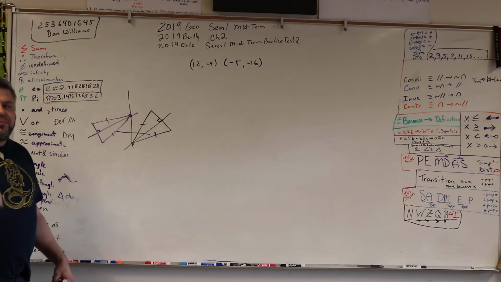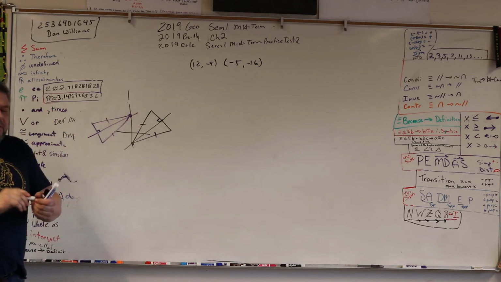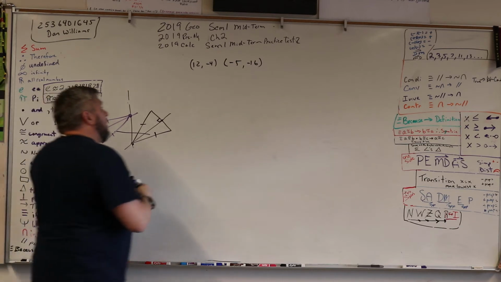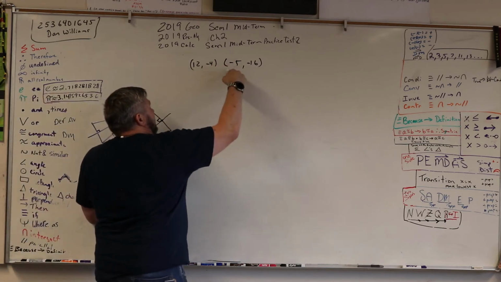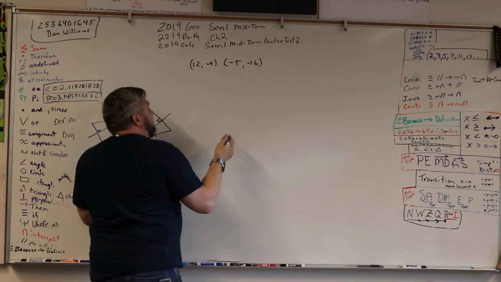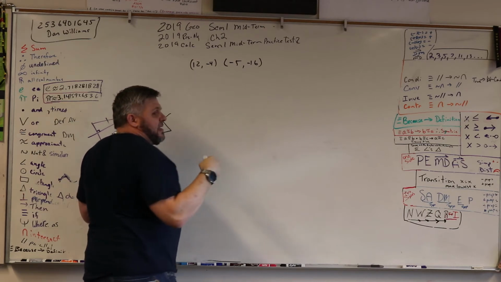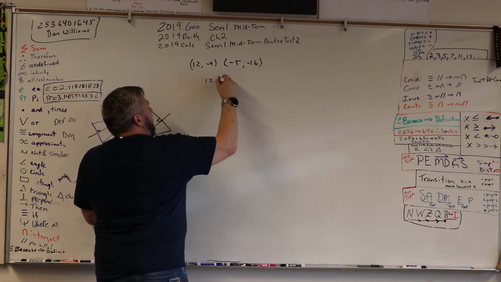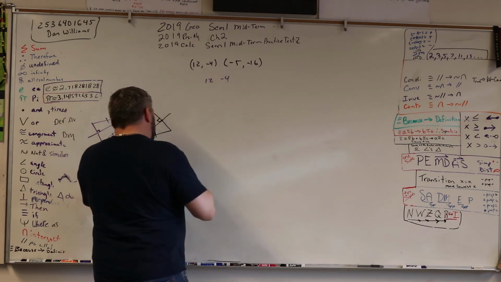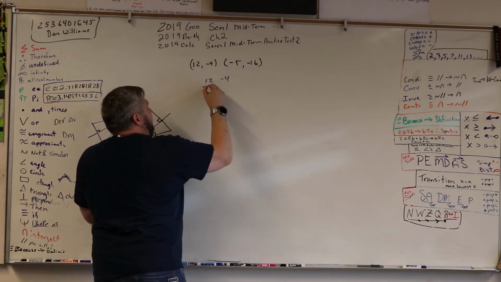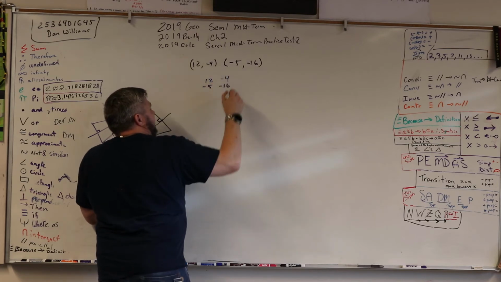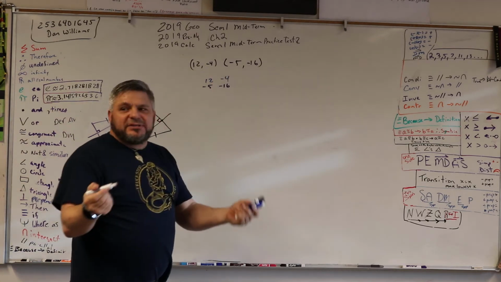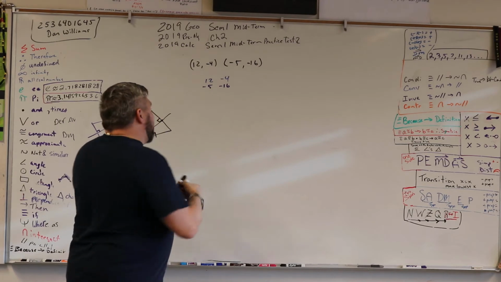It's that simple. So the first thing is how to find the midpoint. I need to add the x's, right? So a student of mine said, hey, stack it and divide it, okay? So in other words, he said, if I got 12 and negative 4, then I have negative 5, negative 16, I can stack those up, add them.